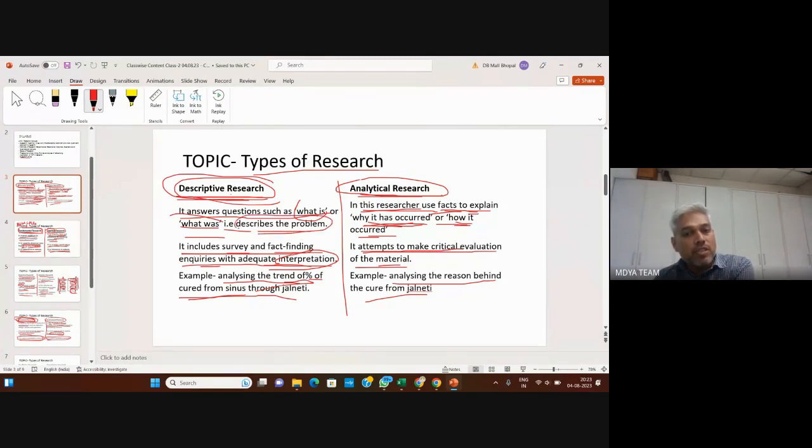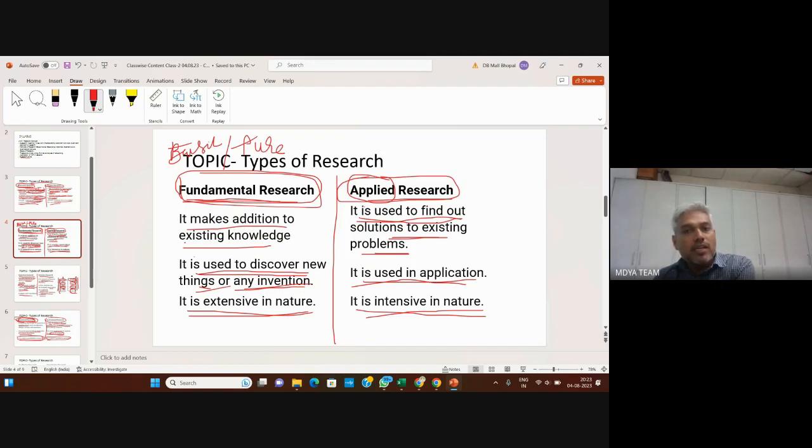And they will ask you questions by manipulating them here and there. So learn it properly, read it properly, and memorize these words. This is the only way to learn this research aptitude.